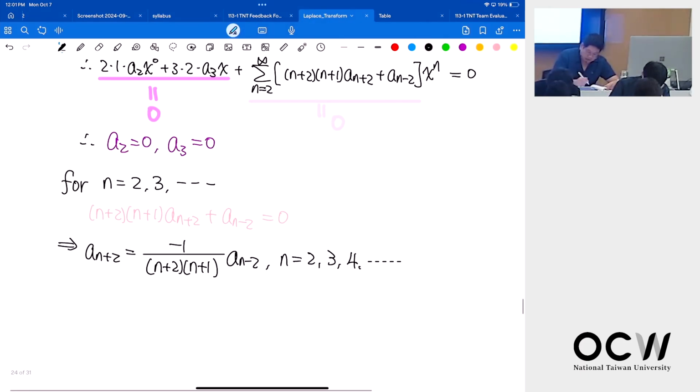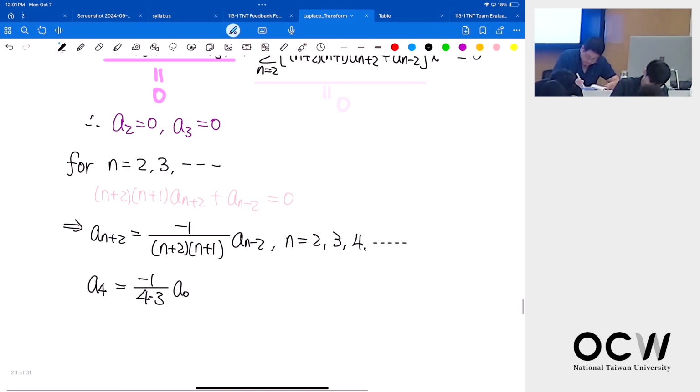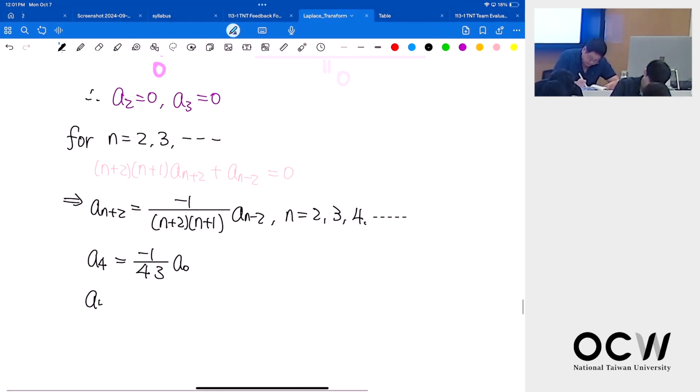Then you can see that when n equals 2, I have the coefficient a4. a4 is minus 1 divided by 4 times 3 a naught. And a5, that'll be minus 1 divided by 5 times 4, a1.